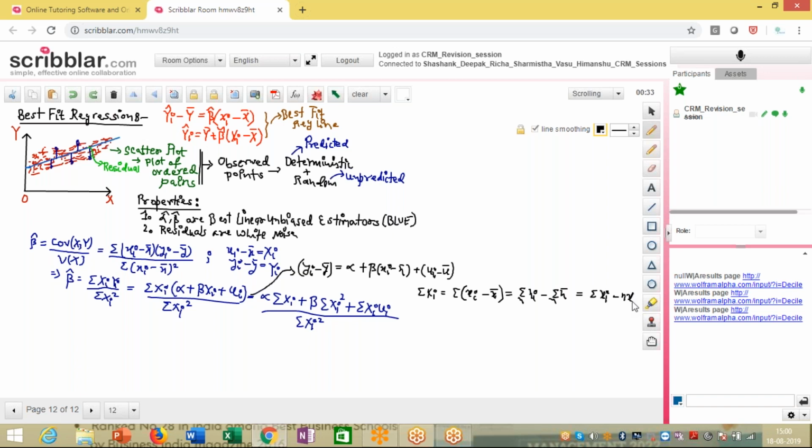Now what is x bar? What is the mean? If you think about the mean's formula, it is 1 by n summation xi, which implies that summation xi is nothing but n x bar. So summation xi minus x bar is nothing but n x bar minus n x bar, which is equal to 0.